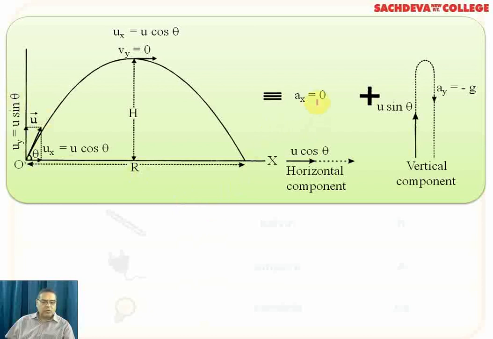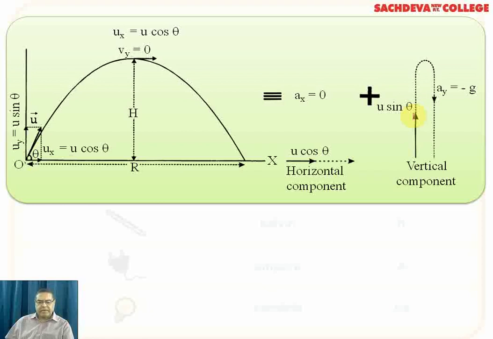The distance O to x is called the range. Moreover, in the adjoining diagram on the right hand side, while the body is going up, the vertical component will be u sin theta, and we will find that at the highest point the velocity will be 0, and then it will start coming down.